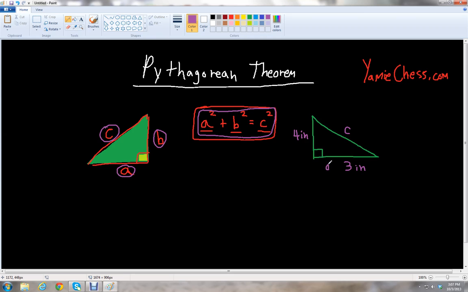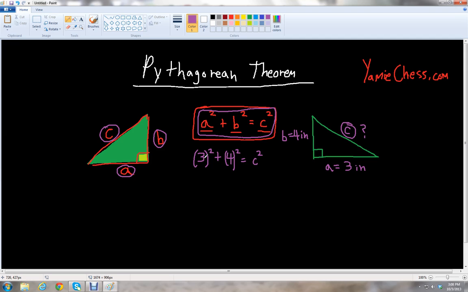So we'll say A is 3, B equals 4, and we're trying to figure out C. Putting this into our formula, we have 3 squared plus 4 squared equals C squared.